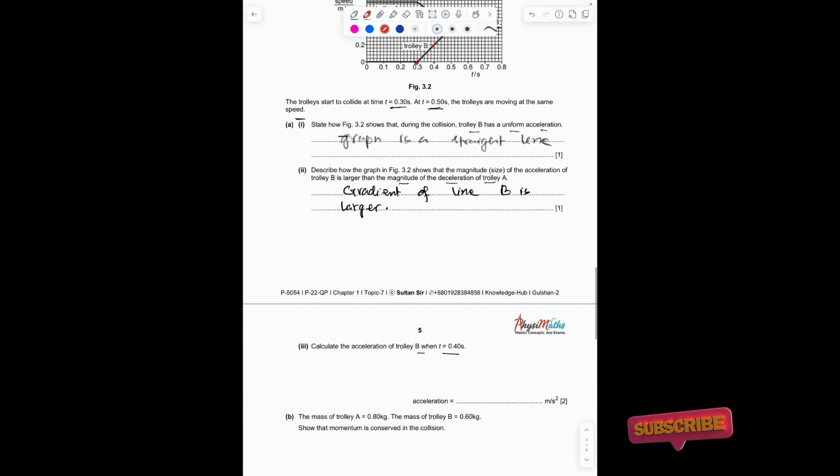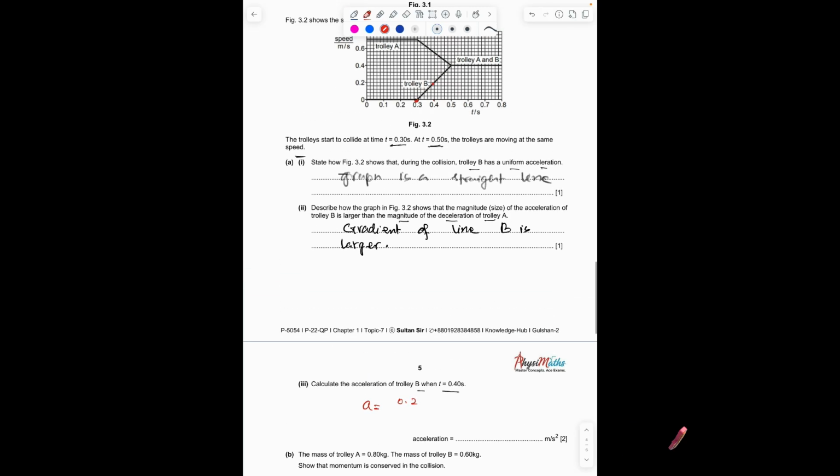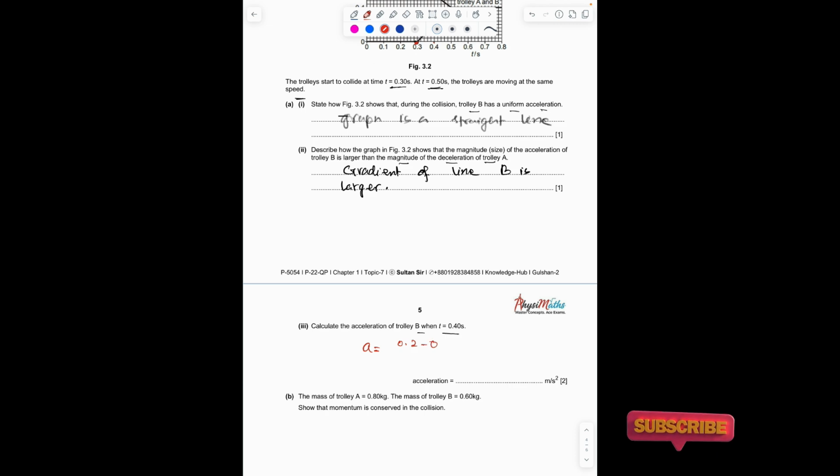So a equals change in velocity, or slope of the graph, 0.2 minus 0, divided by 0.4 minus 0.3. So 0.2 divided by 0.1, that means 2.0 meter per second squared.